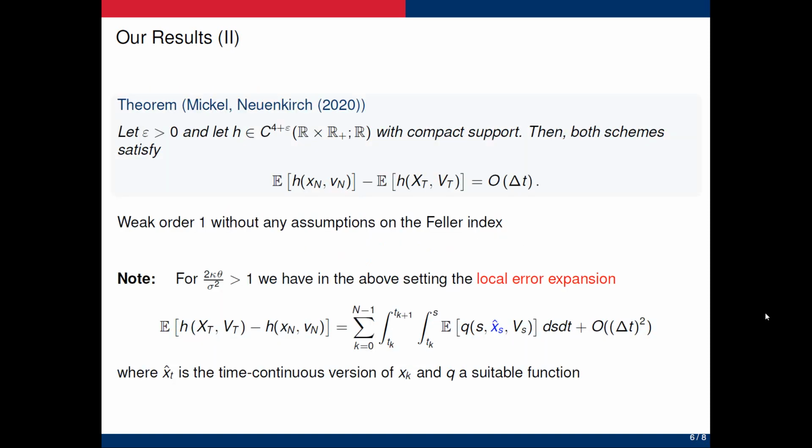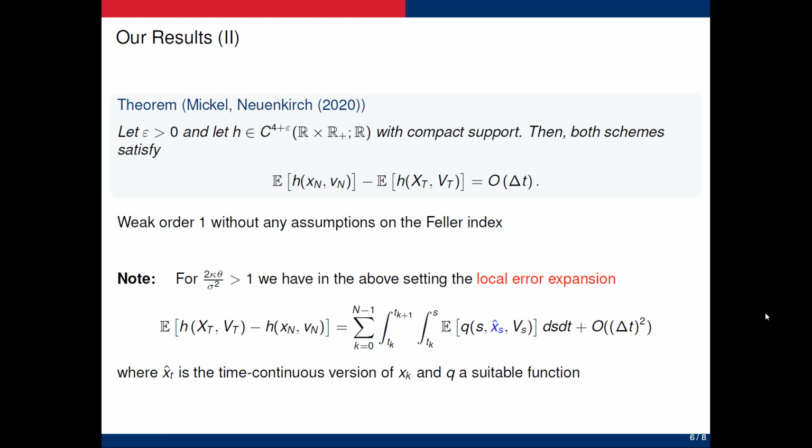Now, if we require stronger assumptions on h, namely that it is 4 times continuously differentiable with compact support, and the fourth derivative of h is Hölder continuous of order epsilon, then we found that both schemes converge with weak order 1, but without any assumptions needed on the Feller index.